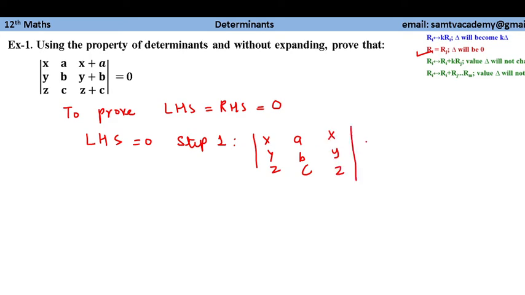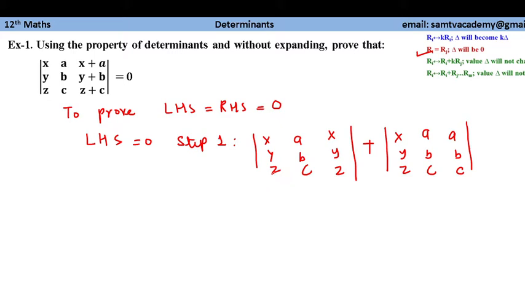We can write x plus a as two determinants, as we have seen in the property in the last lecture, that we can expand these determinants like this. So this can be written as x, y, z, a, b, c, and x, y, z, and what remains in the second determinant is a, b, c.